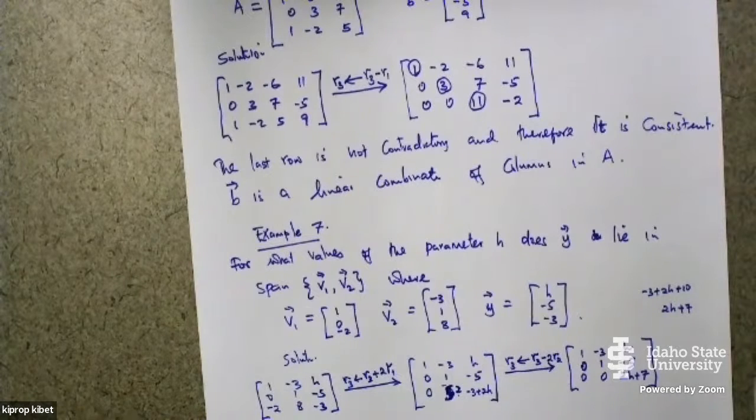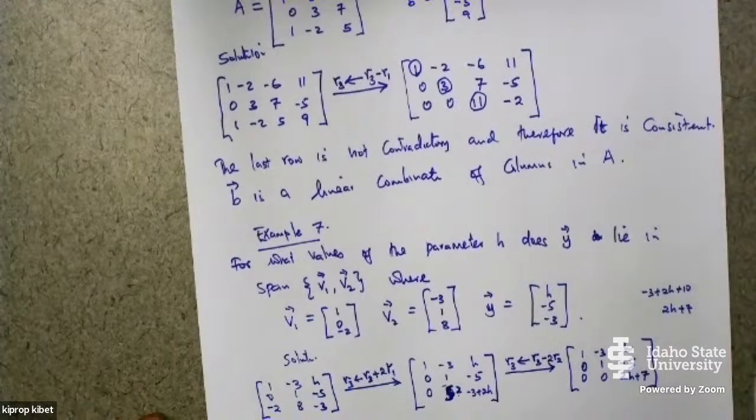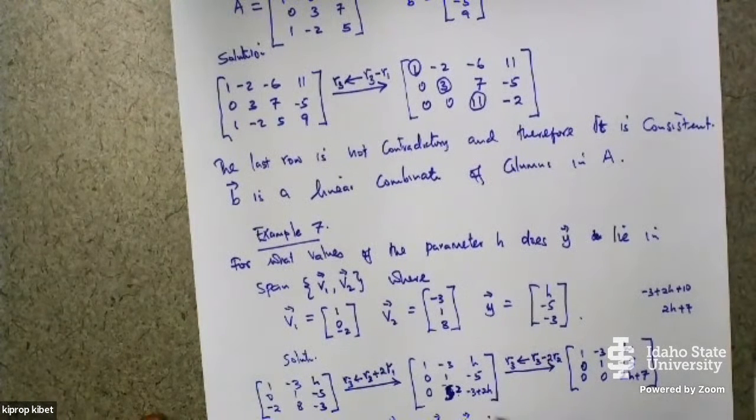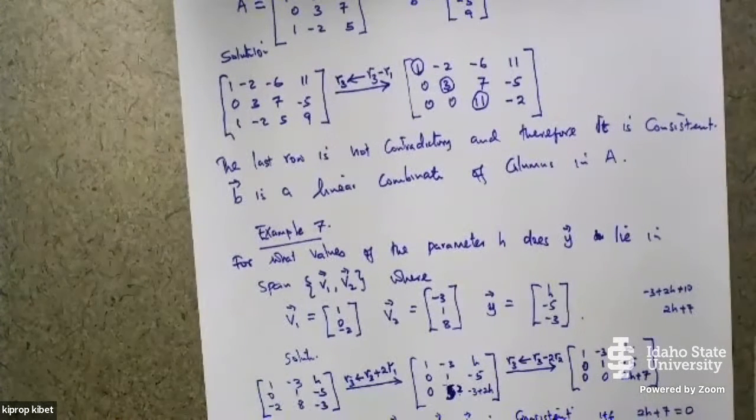So we can say the vector equation x1 v1 plus x2 v2 equals y is consistent if and only if 2h plus 7 equals 0.